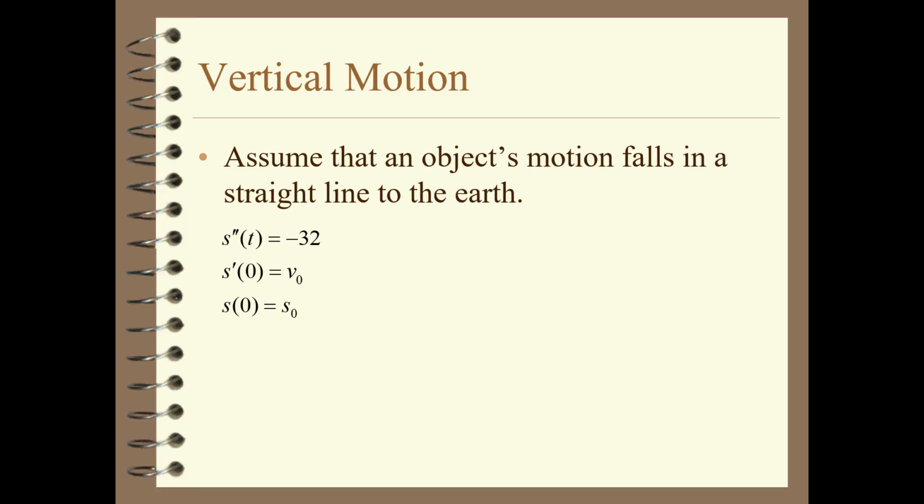And we'll say the initial position of the ball or object as it falls is given by the number s naught. So this then says that the derivative of velocity with regards to time, that's the second derivative of position, is negative 32. And the velocity at time 0 is v naught.